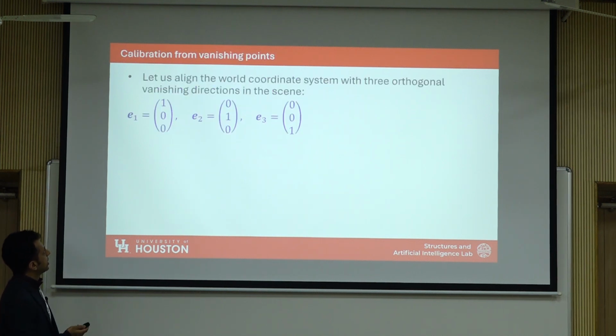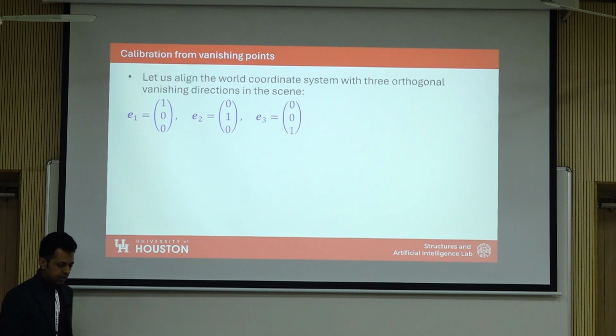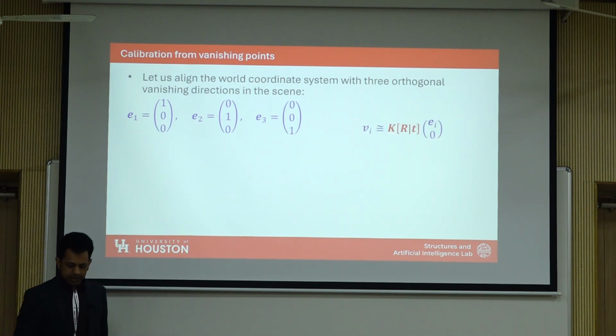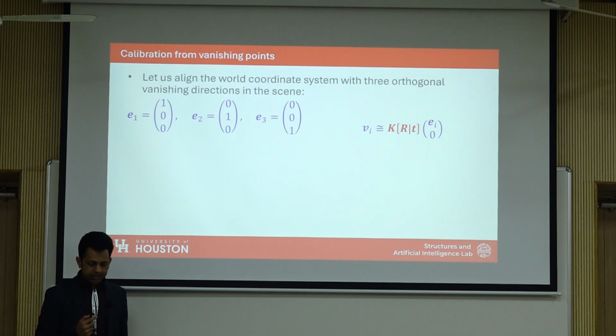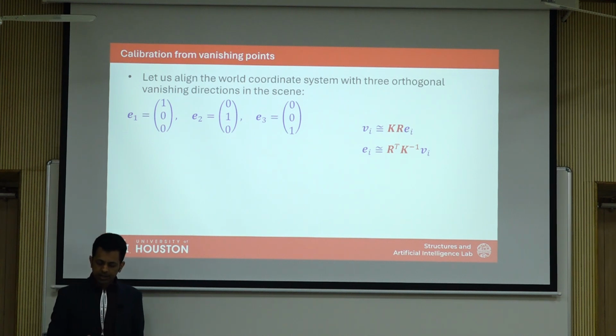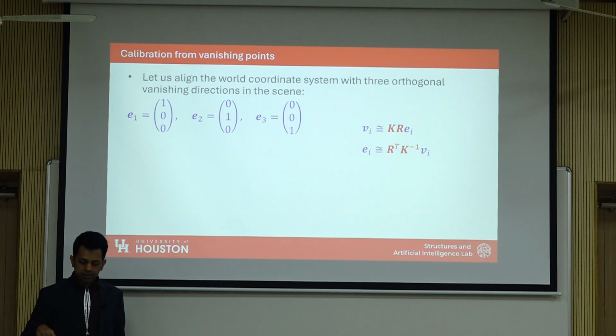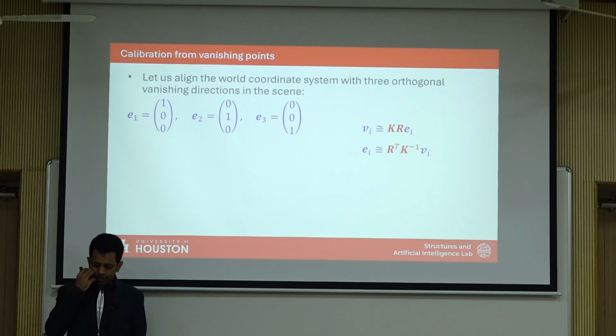So if we align, like I said, the world coordinate system with the 3 vanishing directions in the scene, and if I call them E1 to E3, then I have these vanishing points, which is simply Vi is KR times E sub i. And then I can take the K and the R to the other side. And because R is a rotation matrix, R inverse is R transpose.